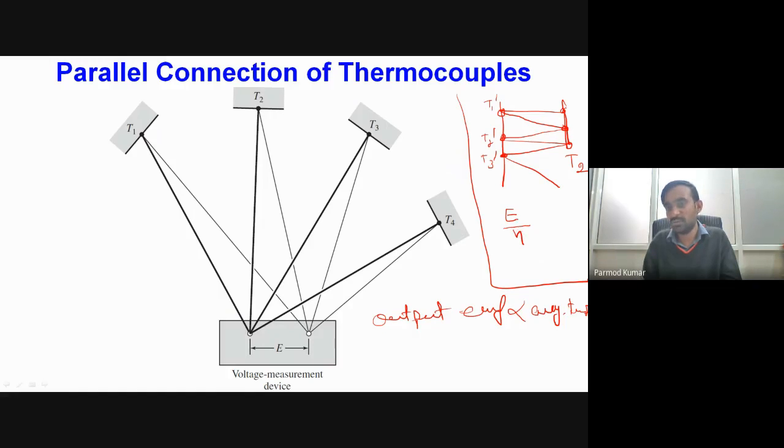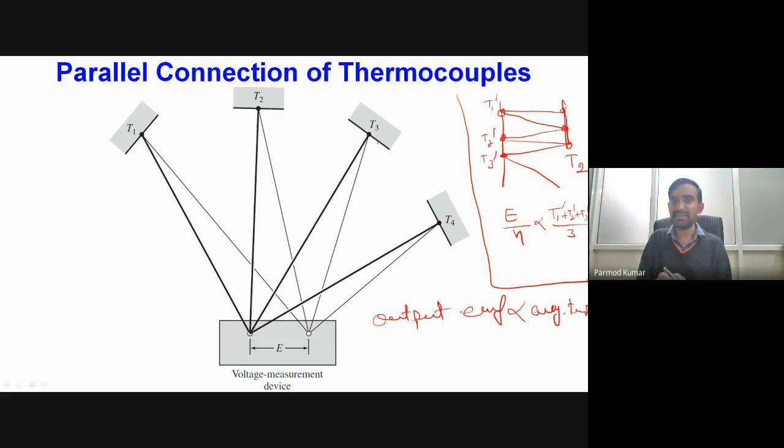So in that case, what will be happening? This E by N signal will be nothing but proportional to the average of these three different values, T1 dash plus T2 dash plus T3 dash divided by 3. Okay, so the parallel arrangement has the advantage that if we are having multiple unknown temperatures and want to measure their average only, then the output is directly related to the average temperature.